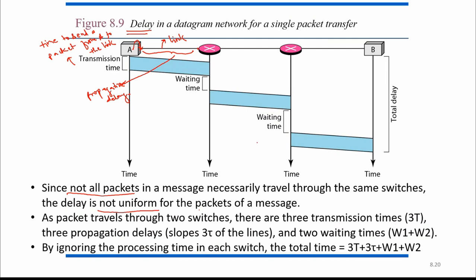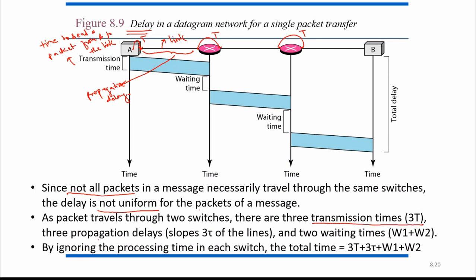This is the first transmission delay, then the second transmission delay, then from here to here, the third transmission delay. So 3 transmission delays, 3T.